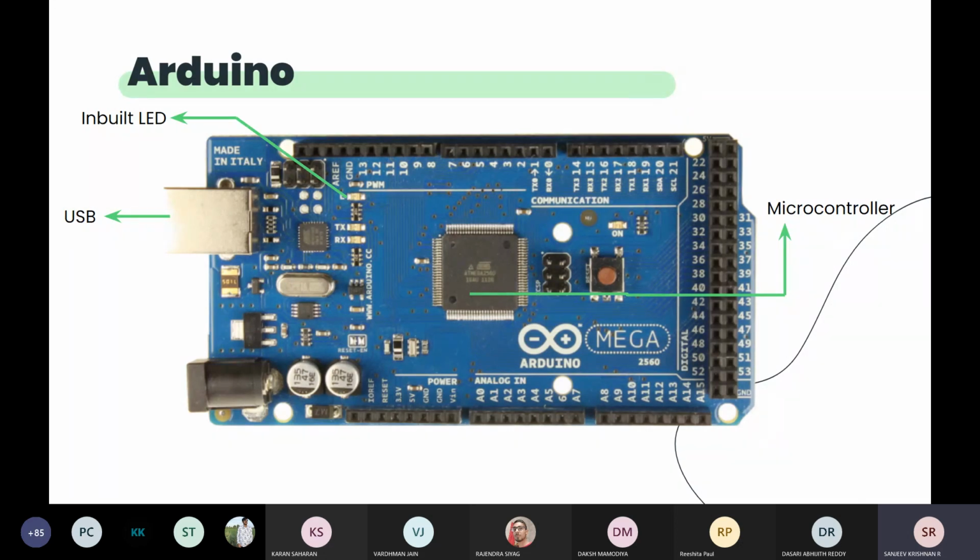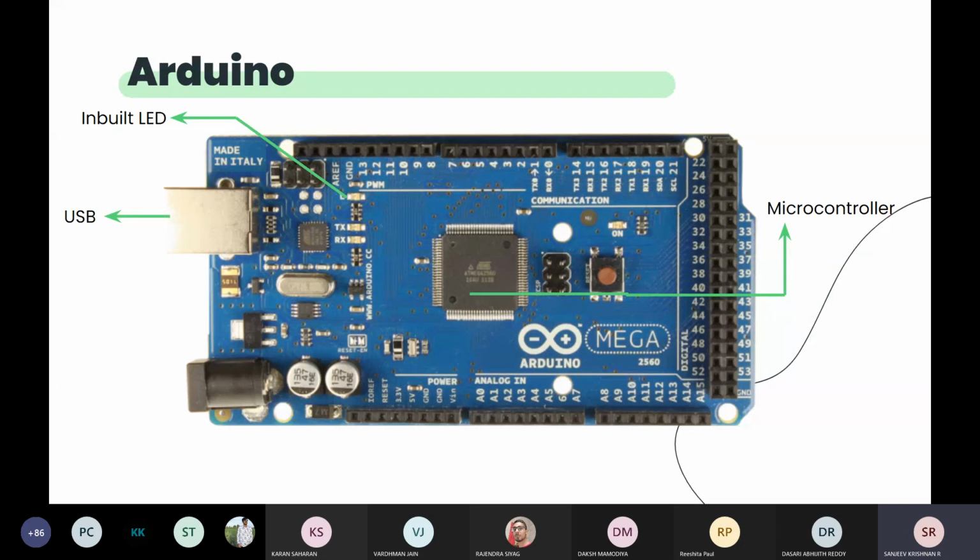Okay, so here this central part is the microcontroller. This is the latest edition. In the latest editions, you will see microcontrollers. If you go back a little bit, you will see registers, ICs. Now it is a microcontroller. This is like the brain, like how you have a microprocessor for your computer. Similarly, we have a microcontroller.